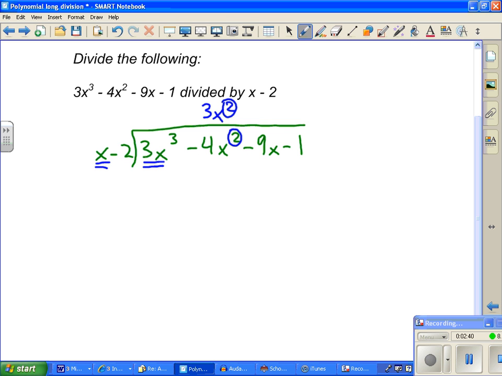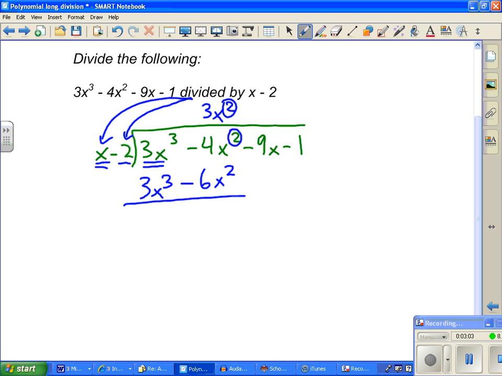So 3x squared times x is 3x cubed, and I distribute this through each piece. 3x squared times negative 2 is negative 6x squared.